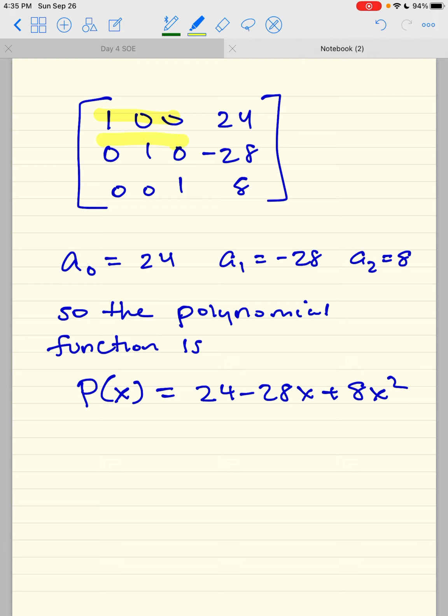I used the row reduced echelon form, and I got 24, negative 28, and 8. So 24 is going to be our first constant, negative 28 is our second, and 8 is our third. So we are able to write this in this fashion, okay? And in statistics, when we have linear regression, fitting curves, we actually write the coefficients of the x variables from smaller to larger. So that's how you pretty much do that.